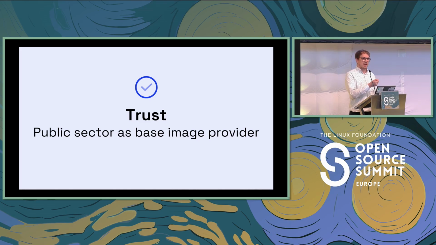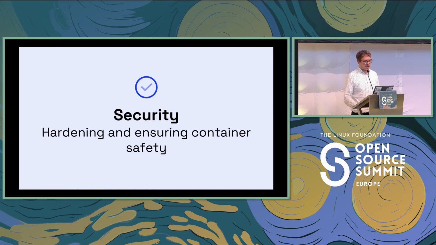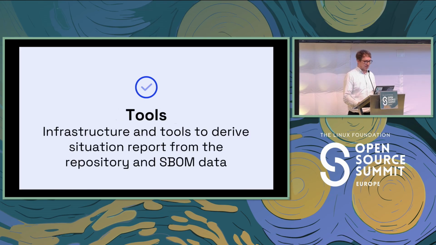Because when we do that and make it public, we can increase the security level for the whole sector by 1. And that's, I think, an aspect where we need to bring our security aspects in. We need to create this container image supplying infrastructure as decentralized as possible. It's about the reliability. It's about hardening and ensuring those container safeties based on criteria, but also providing those hardened container infrastructure.